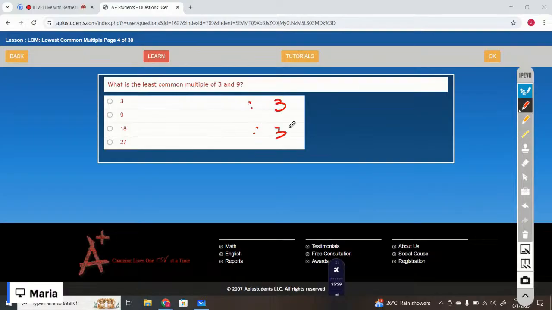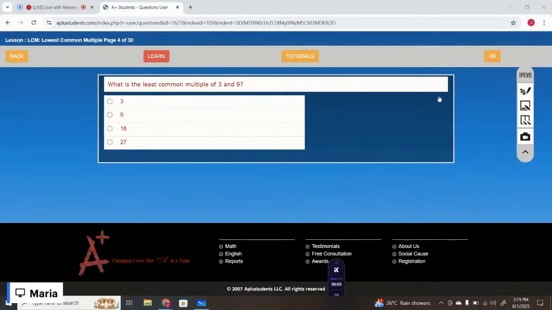So the common factors and the non-common factors: 3 times 3 is 9. Option number 2 is the correct option. 9 it is.